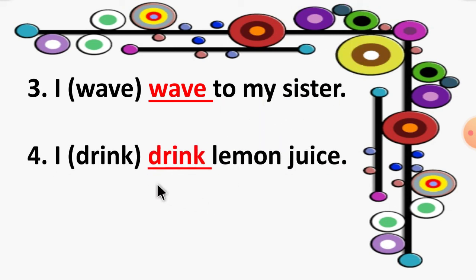Number 4, I drink. So here again the same rule is applying, that when you are making a sentence with the subjects I, you, we or they, you don't need to add anything in the verb.